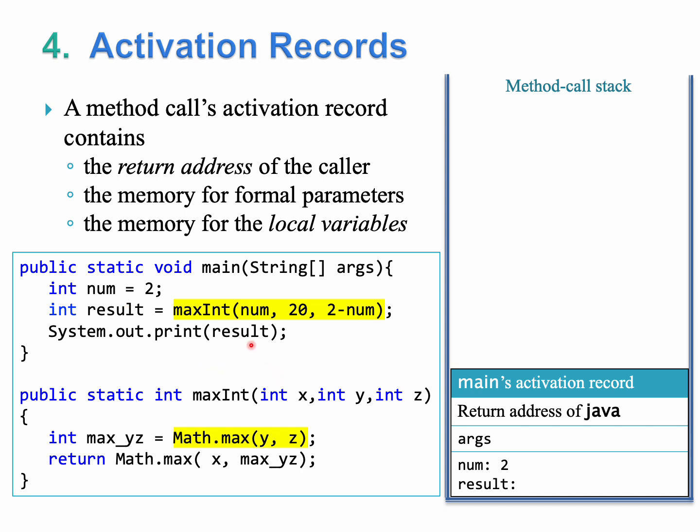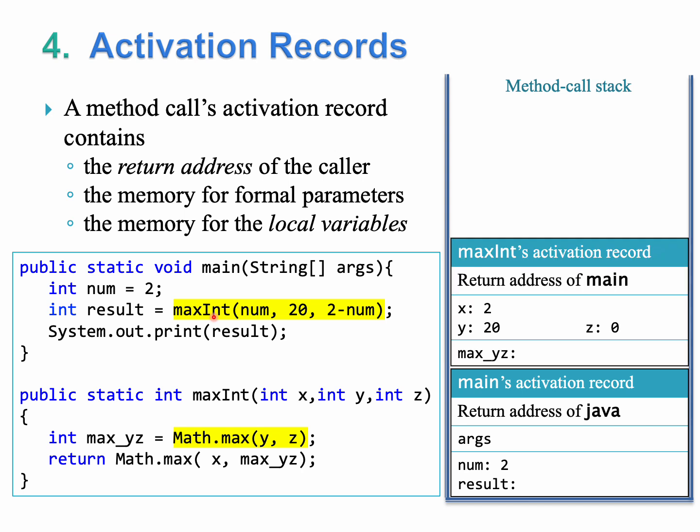When the method call maxInt executes, its activation record is created and pushed onto the stack on top of the activation record of method main. The activation record of maxInt contains the return address of the method main because method main calls maxInt.